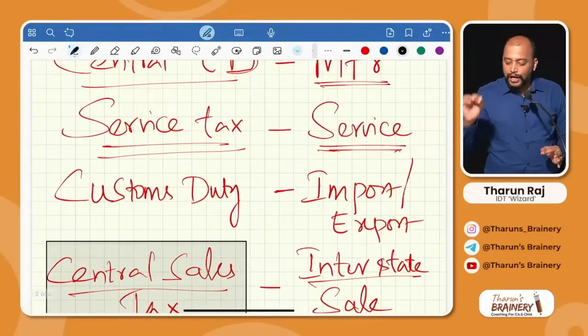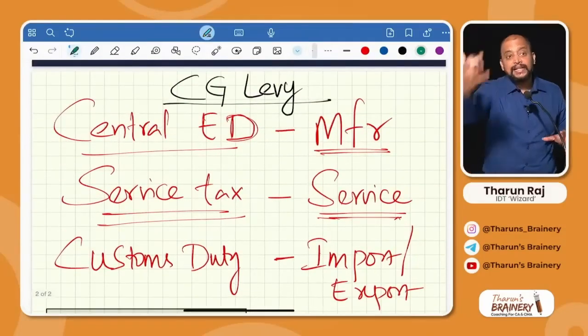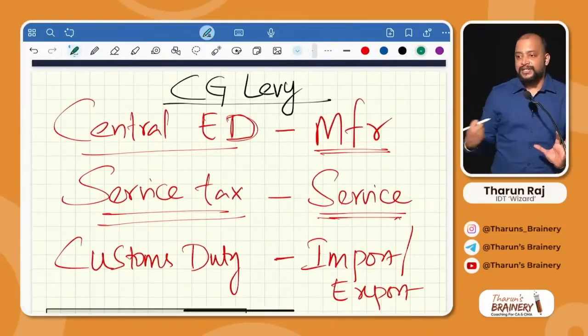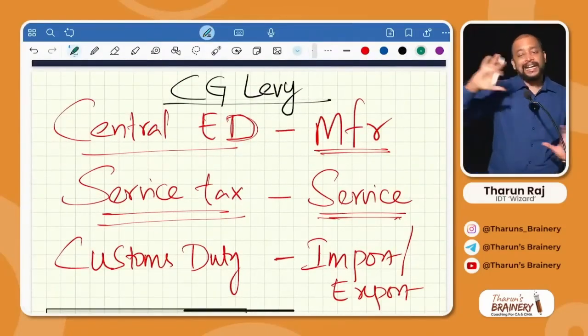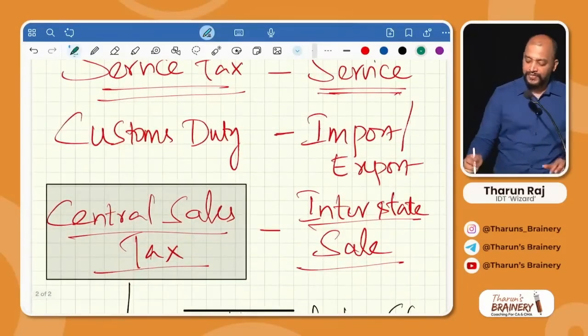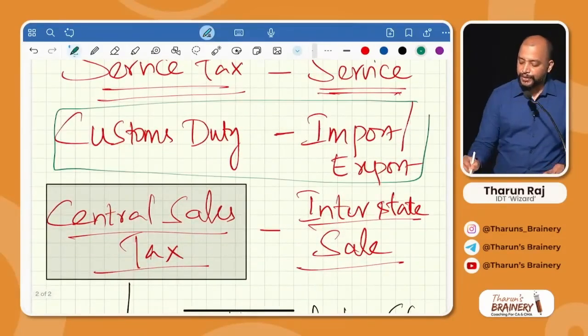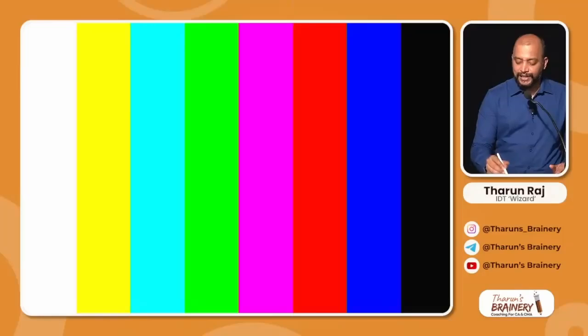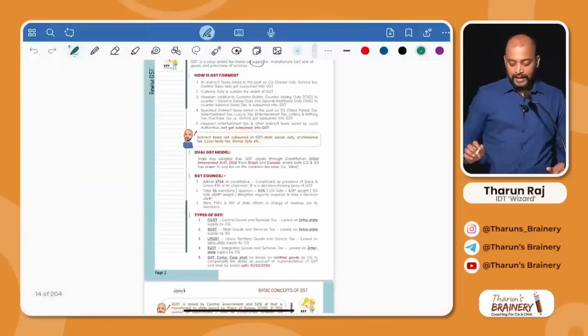Now, if you observe this, customs duty alone they have not subsumed. Except customs duty, the remaining 3 got subsumed into GST. You understood? All indirect taxes except customs duty got subsumed into GST. You can see that here.